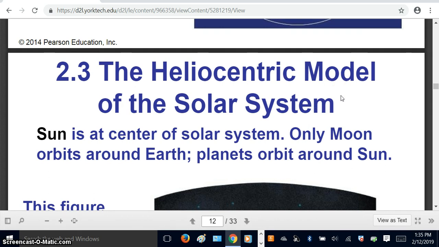Well, the center of the universe, really, because they had no idea what the stars were, but that's heliocentric. It just means the sun-centered solar system, and so it turns out that if that model is correct, it's only the moon that is going around the Earth, and the Earth is just a planet, just like all the others, and goes around the sun.